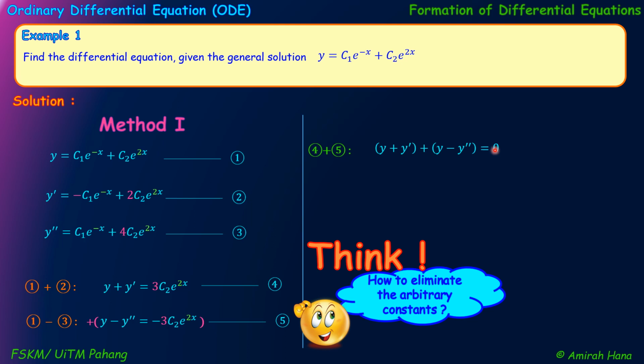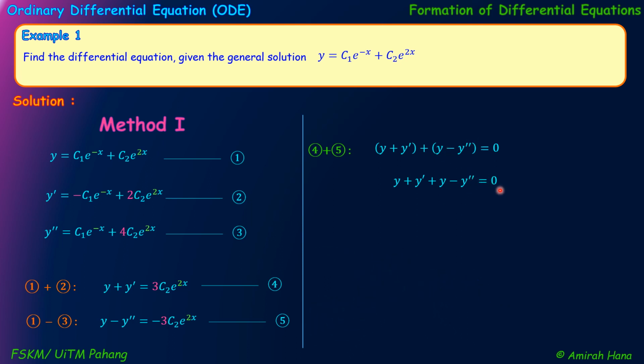So now we eliminate both constants, c1 and c2. After that, we can write y plus y prime plus y minus y double prime equals 0.